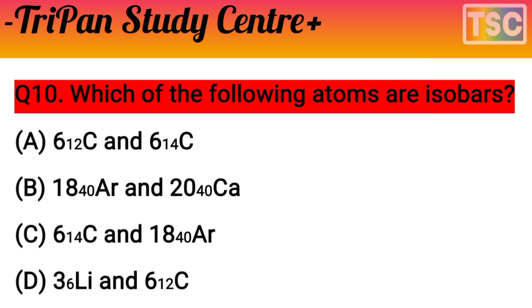It means here Ar and Ca have the same atomic mass number, 40, but different atomic numbers, 18 and 20 respectively. It means option B is correct. Option B is correct, 18 40 Ar and 20 40 Ca, because isobars have different atomic numbers but the same atomic mass number.